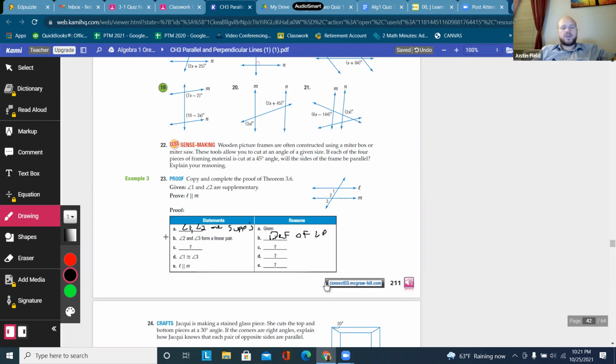So the keyword in B here is linear pair. And what is true about a linear pair? That they are supplementary. So now we're going to write the measure of angle 2 plus the measure of angle 3 equals 180, the linear pair theorem. And then angle 1 is congruent to angle 3.